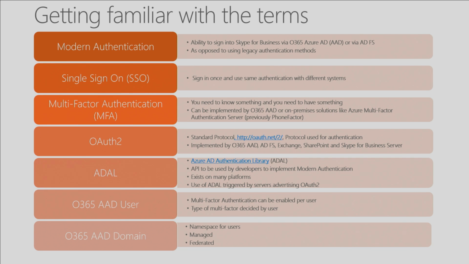OAuth 2 is a standard protocol. It's used for authentication implemented by Office 365 AD and ADFS as well, and by Skype for Business Server.